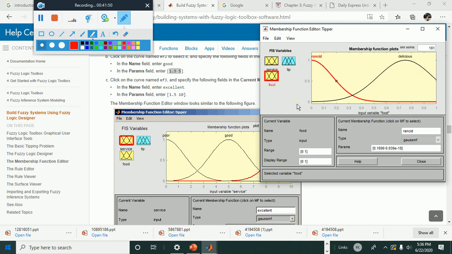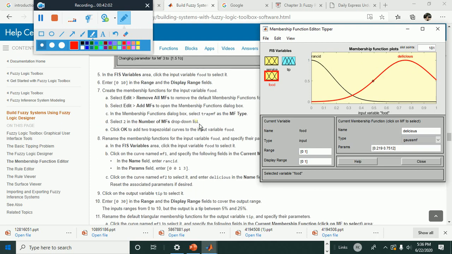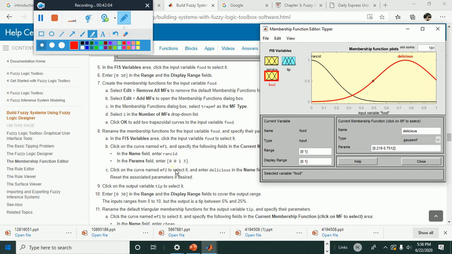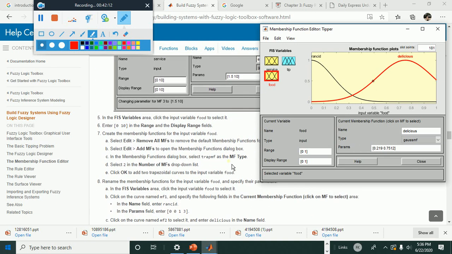Now food, we have two parameter membership functions. One is rancid and the other one is delicious, and we will see here the membership function and the value.